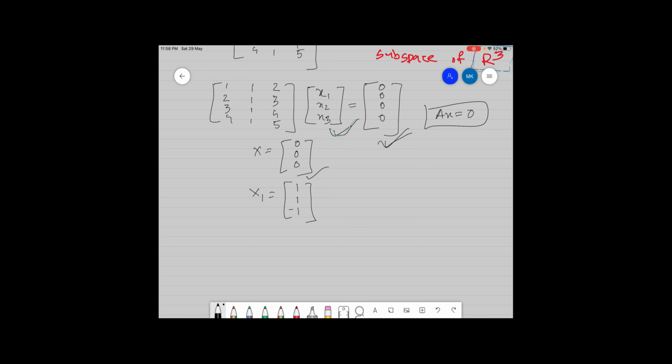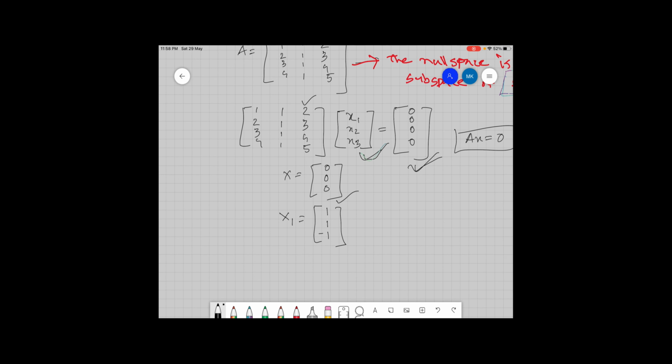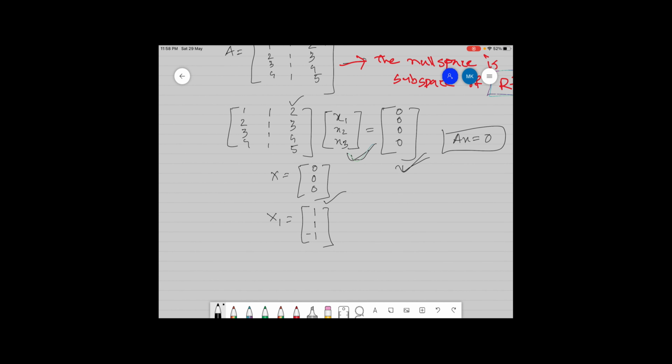How did I get it? As you can see, the third column is basically the linear combination, the addition of the first and the second column.